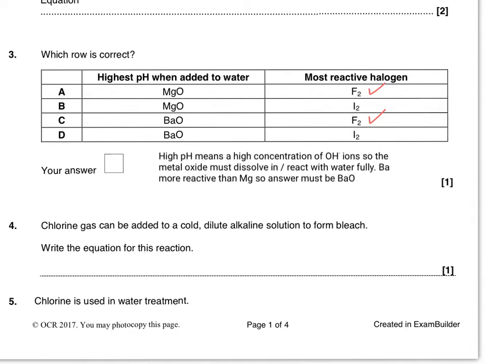So the metal oxide you choose must dissolve in and react with water fully instead of partially. Barium fits the bill because it's more reactive than magnesium, so the answer must be barium oxide. This means that if we choose barium oxide and fluorine, our only option is answer C.